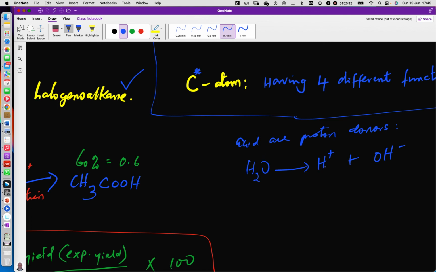Since water acts as an acid, immediately it gives away its proton, what is left is the conjugate base.